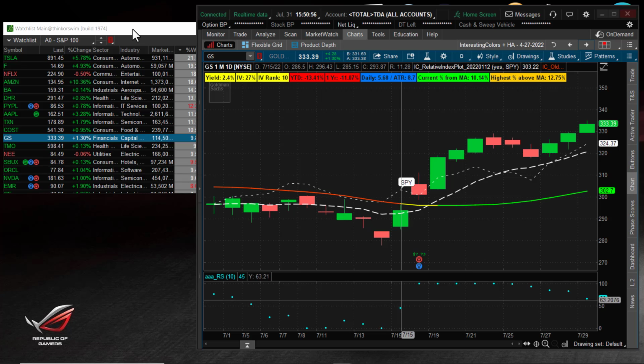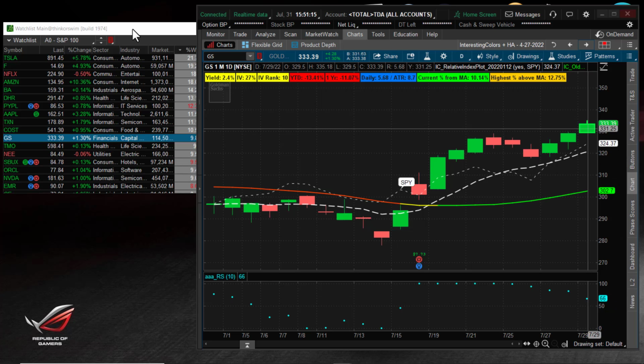And you look at the high dots for that time period, and the low dots for that time period, and you ask yourself, where do I fit in that range of numbers? I'm sitting at around the 66th percentile, and it means my stock's been holding up pretty well. It's still a little better than the SPX, which is what it's showing us.